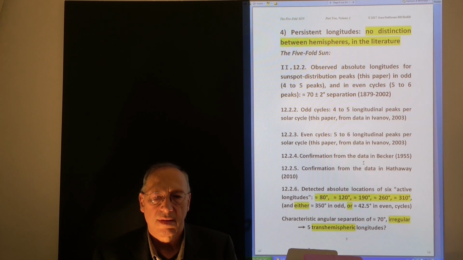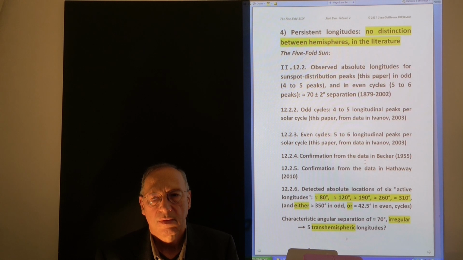These are 5 locations which are to be robustly determined, plus a 6th one which would be different in odd or in even cycles. So we have a characteristic angular separation for persistent longitudes which is close to a pentagonal one, close to 72 degrees, as opposed to the estimated distribution of giant magnetic cells, which would be decagonal.